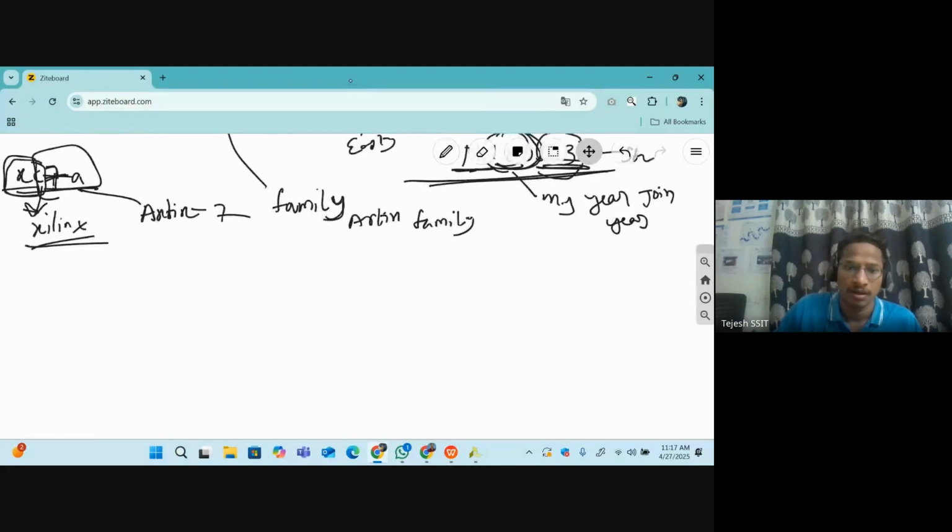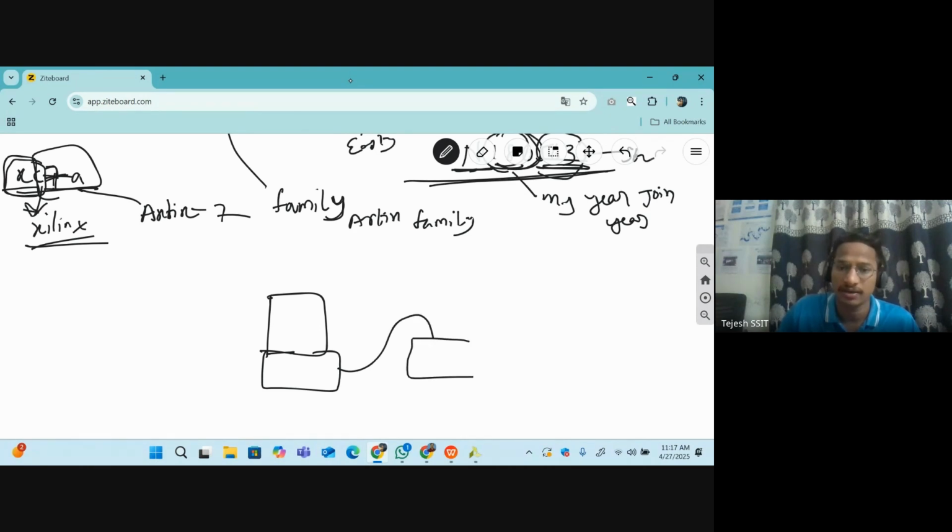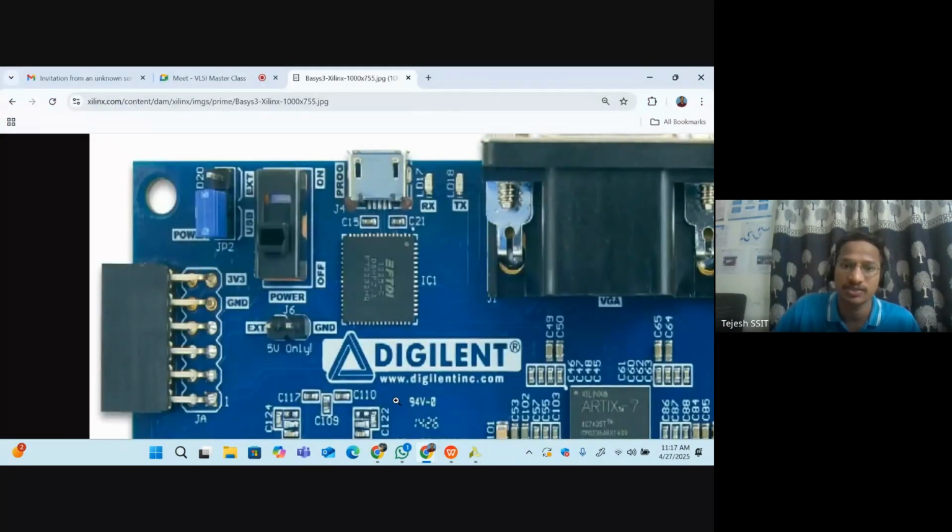Here we are connecting the laptop with a C-type cable to the JTAG, which we call programming. And this is the switch for on and off programming.